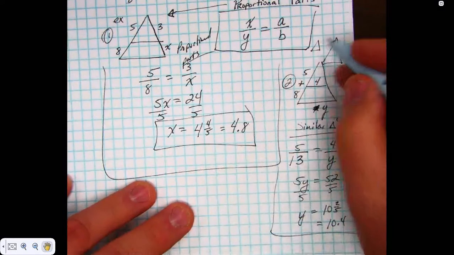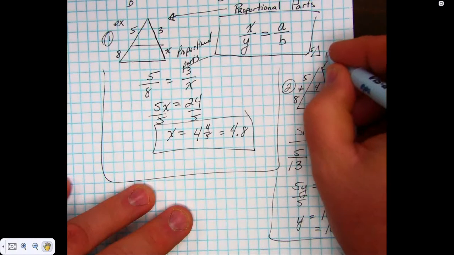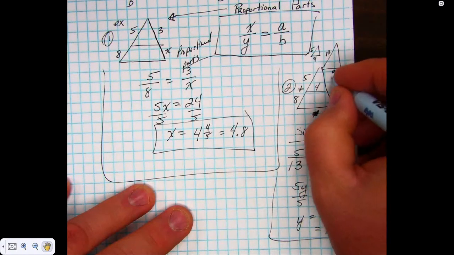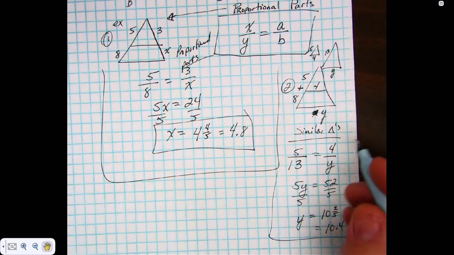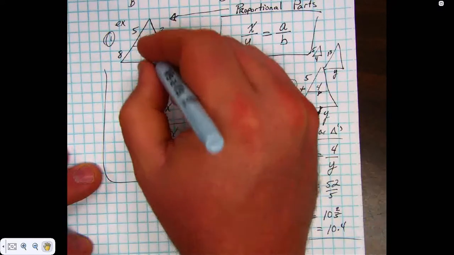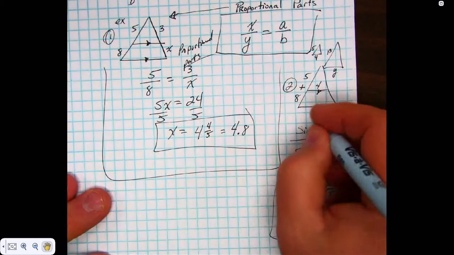Look right here. Don't write down. If I drew them separately, that would be 5, that would be what? 13. This would be 4, and this would be what? See how those make sense? And of course, I didn't mention this before, but these of course have to be parallel for this to work. Okay? All right, now draw that and write that down.